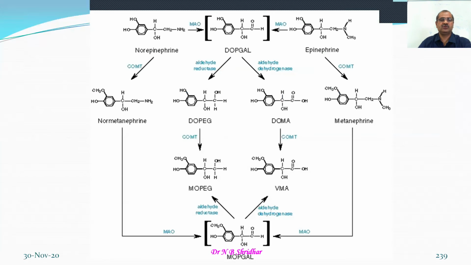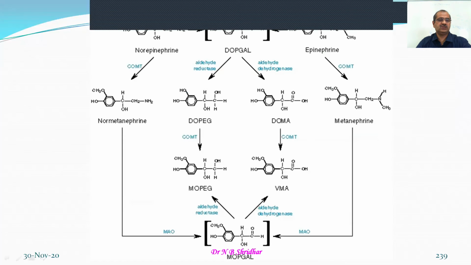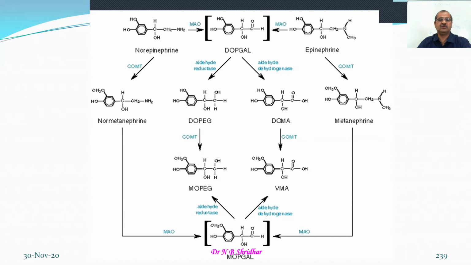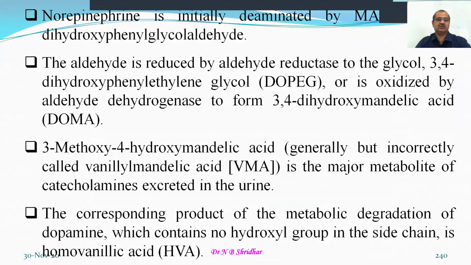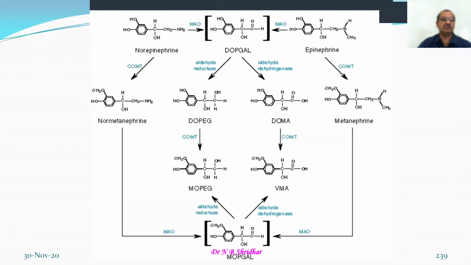So here, this is a very specific chart. One has to remember this particular chart. Here you can see that norepinephrine is acted on by monoamine oxidase and converted to DOPGAL, that's the short form of 3,4-dihydroxyphenyl glycolaldehyde.